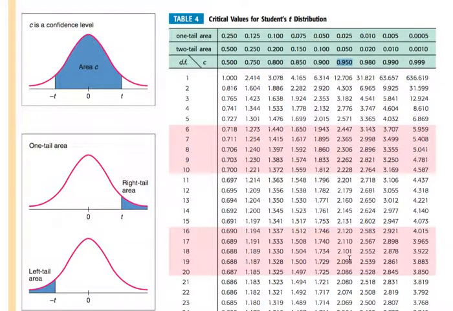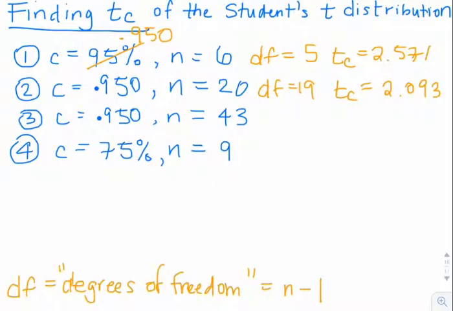We go down to the row that says 19. Here we go, 2.093. So t sub c is 2.093.